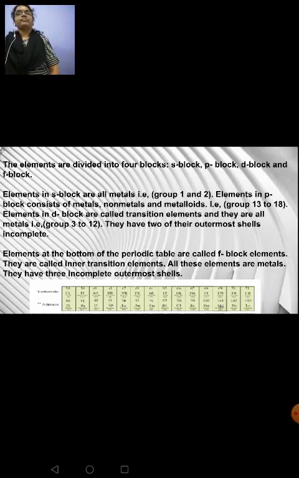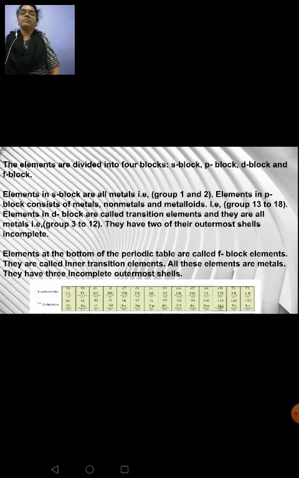Now, I said S block consists of elements falling under group number 1 and 2, and they are all metals. P block consists of elements belonging to group number 13 to 18, and it is a combination of metals, non-metals and metalloids. Similarly, D block elements come under group number 3 to 12, and they are also metals.